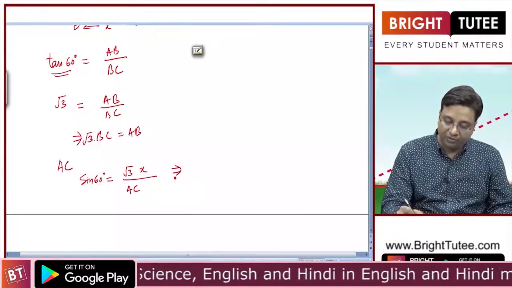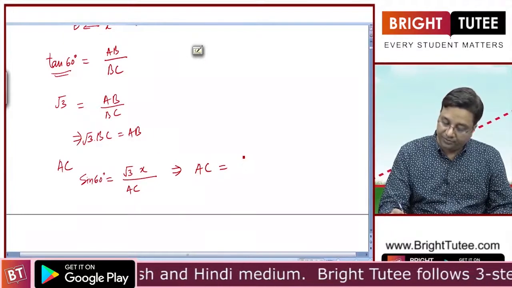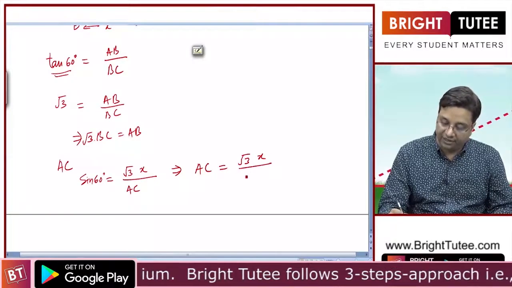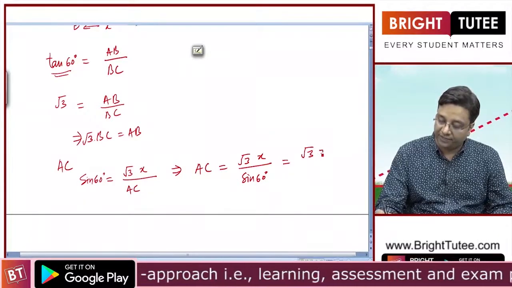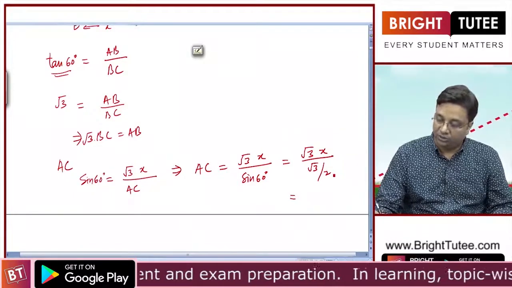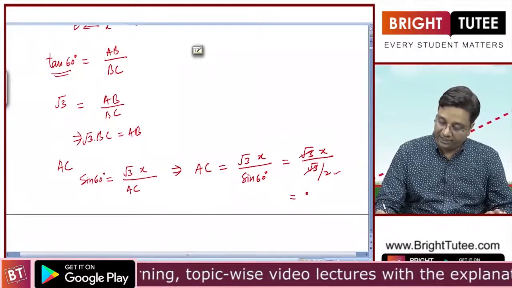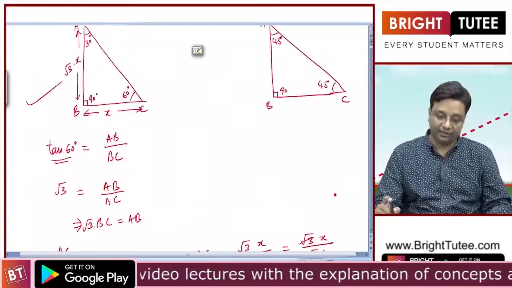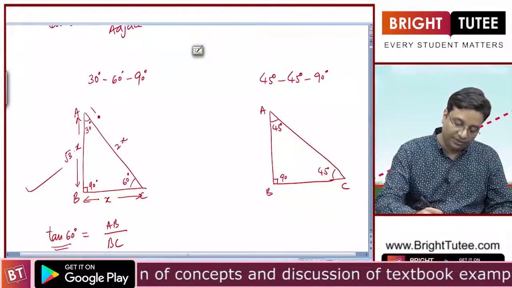So what will be the length of AC here? It will be equal to root 3x divided by sine 60. And how much is sine 60? Sine 60 is root 3 by 2. So this 2 will come in the numerator and this root 3 will get cancelled. Hence AC is equal to 2x. So I can write this AC as 2x.